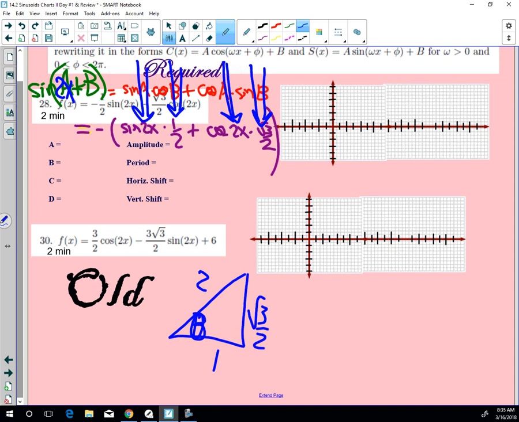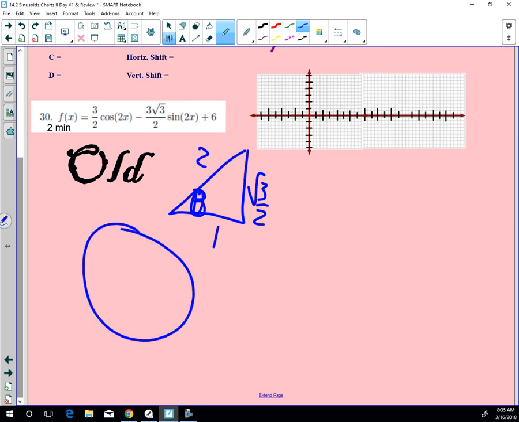Go to your unit circle. And which point goes over 1/2 and up square root of 3 over 2? What angle is that on my unit circle? It's 60. Pi over what?